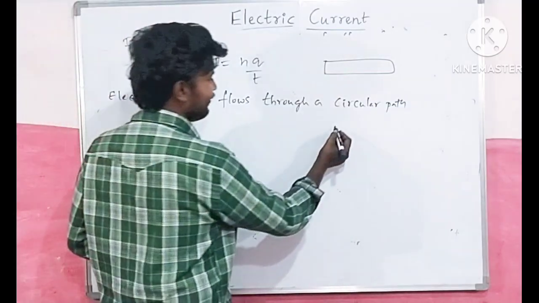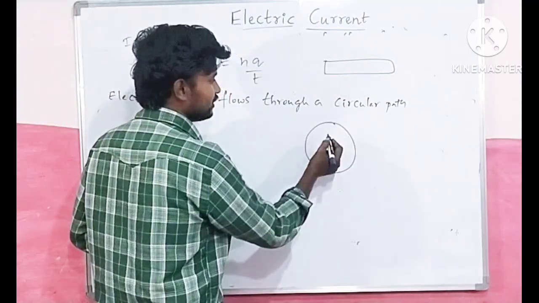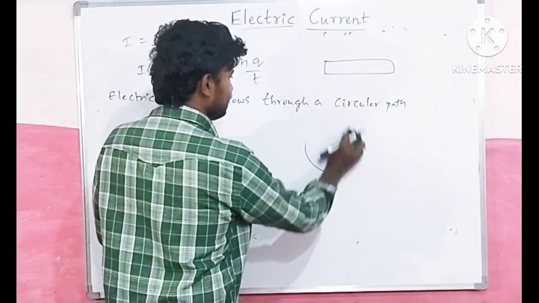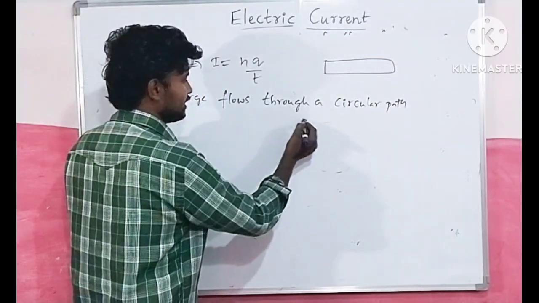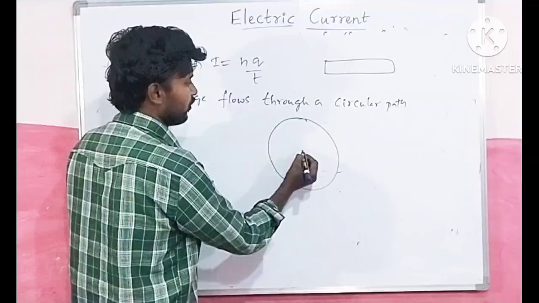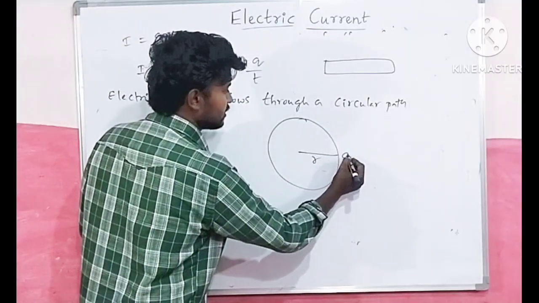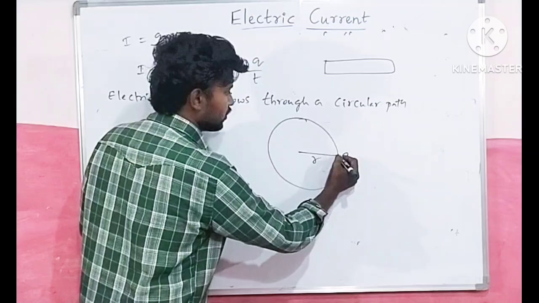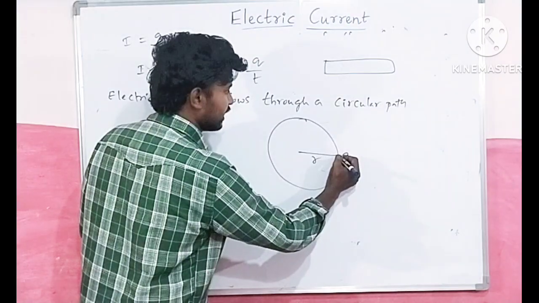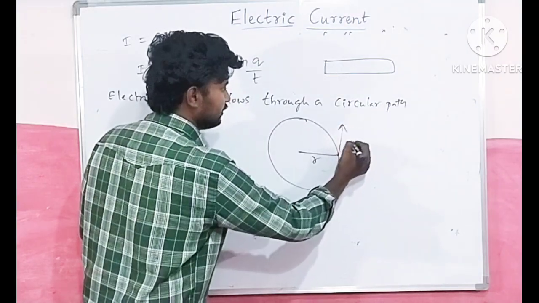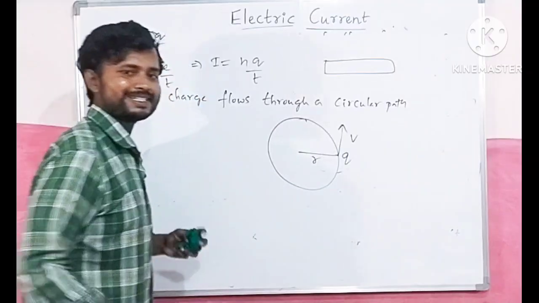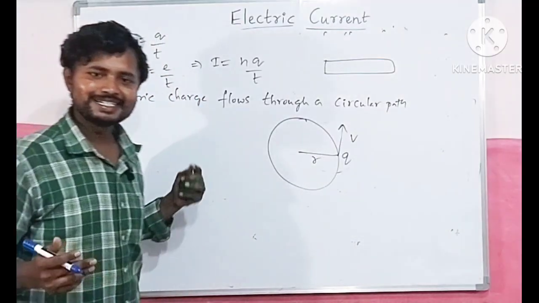For example, this can be taken as a circular path, and in this circular path the charge is flowing. The radius of the circular path is R. When the charge is flowing in this direction, the velocity acts along the tangent.